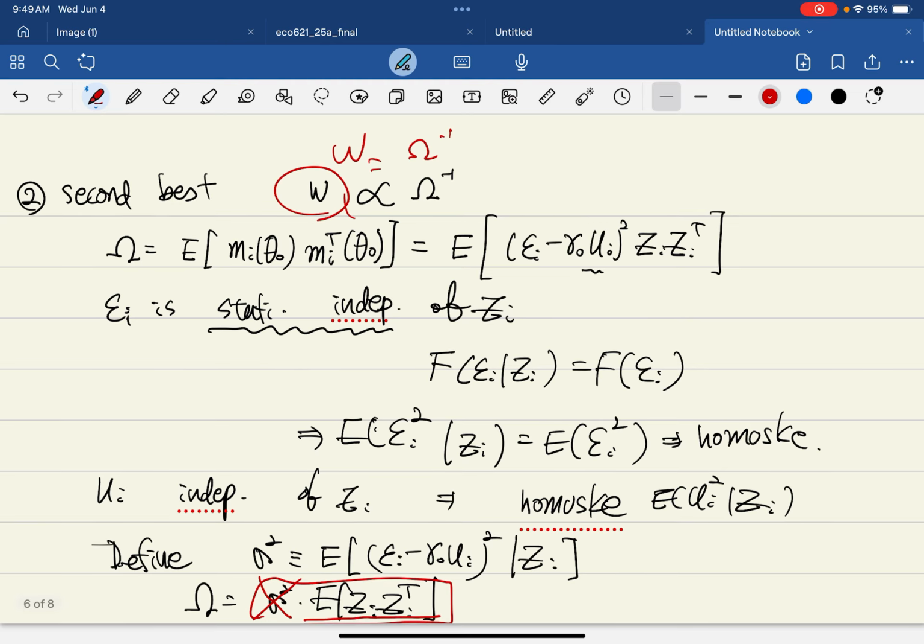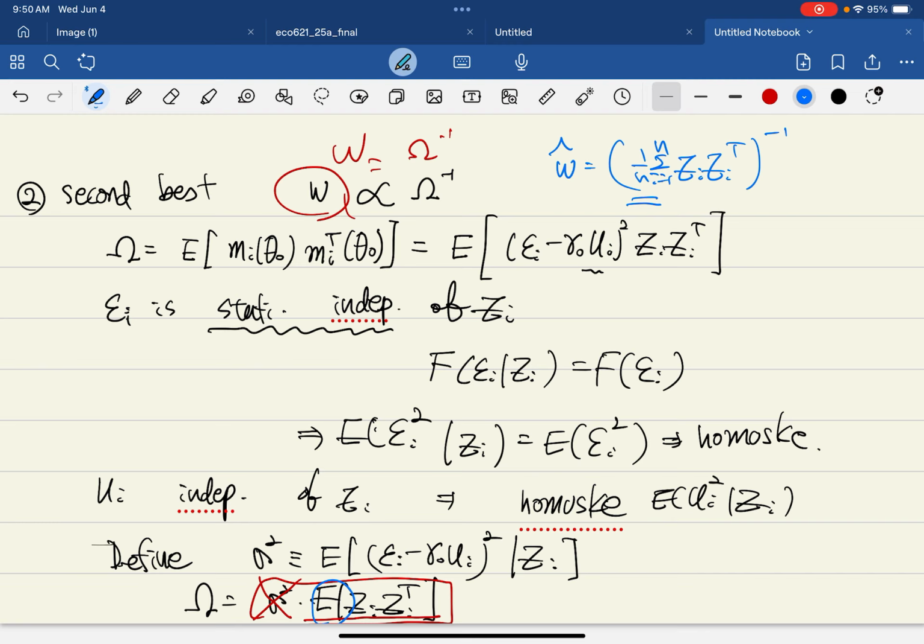So I suggest you can use W as the inverse of the sample average of z z prime, right? Instead of the expectation, I use the sample average and then just take its inverse. That is the second best way to implement the optimal GMM.